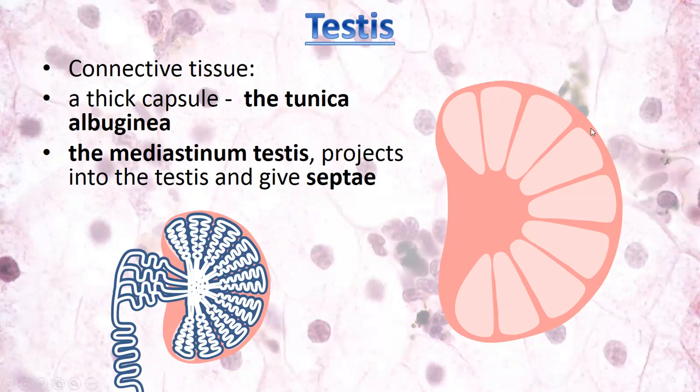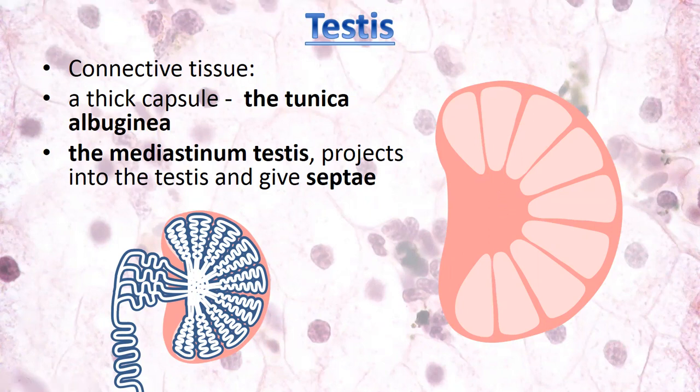The capsule, septa and mediastinum form the so-called skeleton of the testis. It's dense fibrous connective tissue which maintains the shape of the testis and protects the softer tissues.